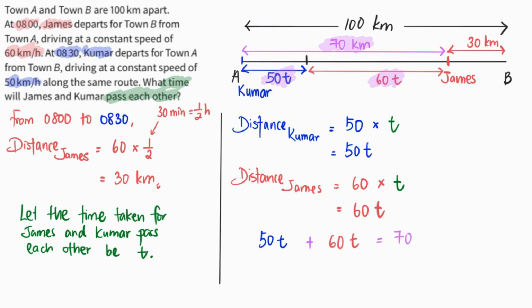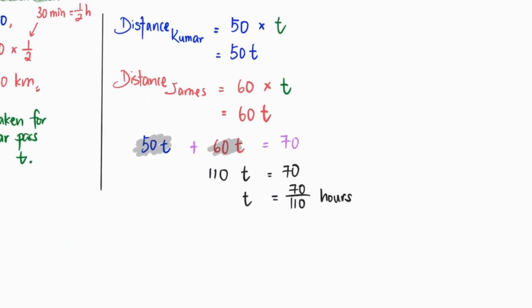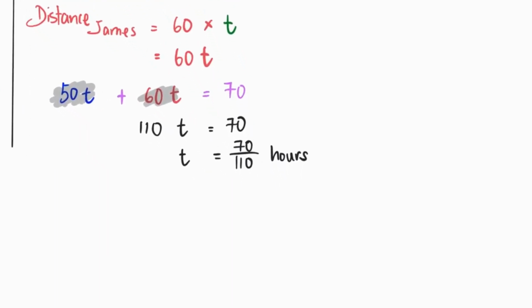So if I continue to solve, 50T plus 60T, this one will give me 110T. This one is equals to 70, and therefore my T will be 70 divided by 110 on both sides. And this one is given in hours. So come, let me create some more space. So I shall now convert it from hours to minute.